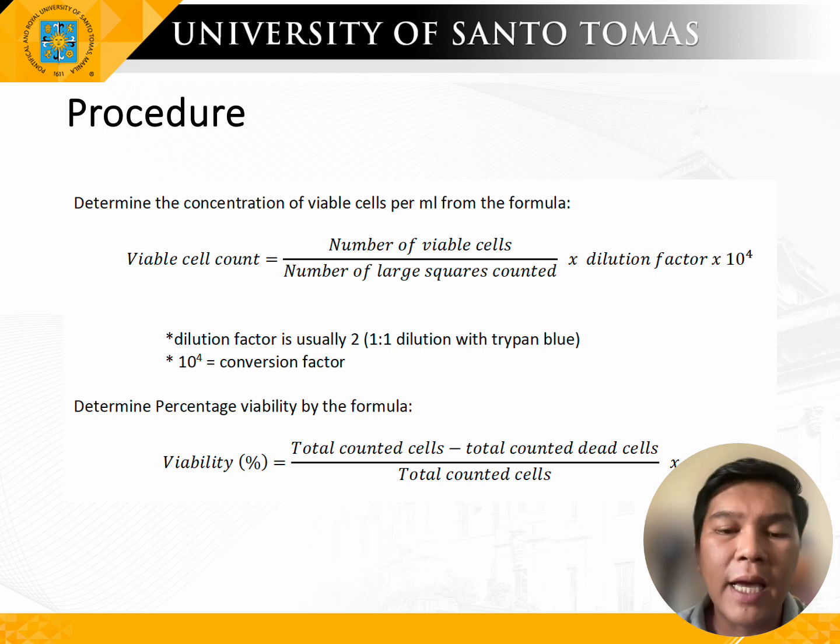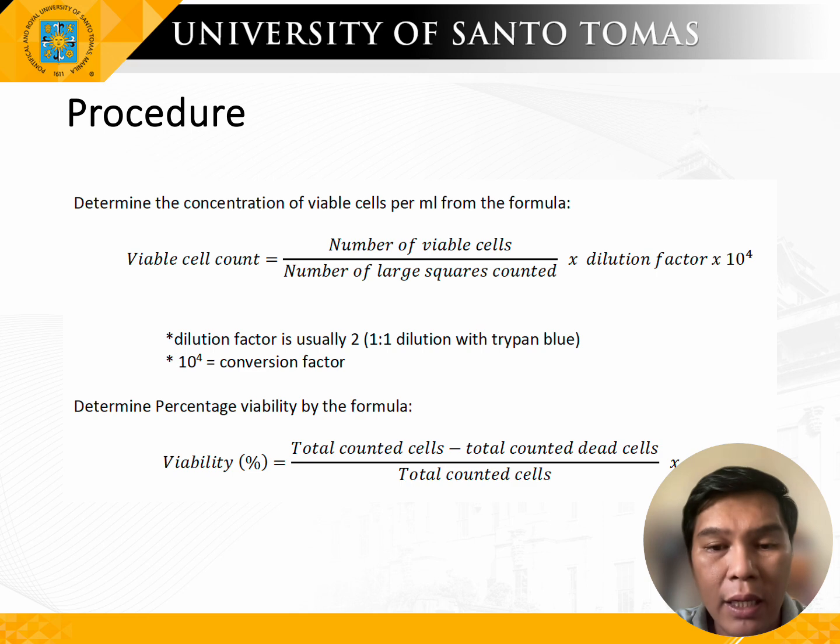And in that case, again, you will be able to get the percent viability. But of course, all in all, you will be able to identify, correct, the number of cells specifically in each dilution in each of the different time intervals.